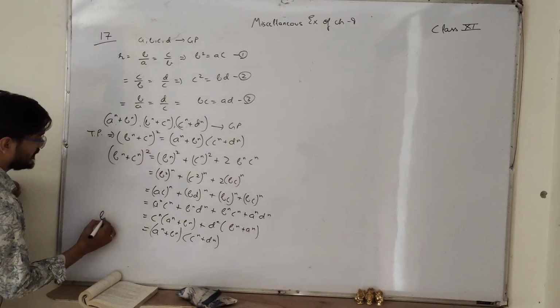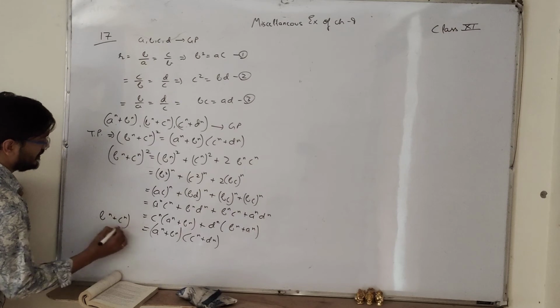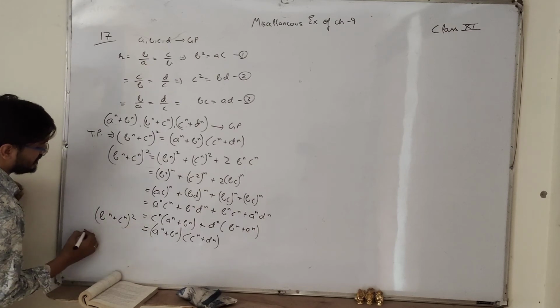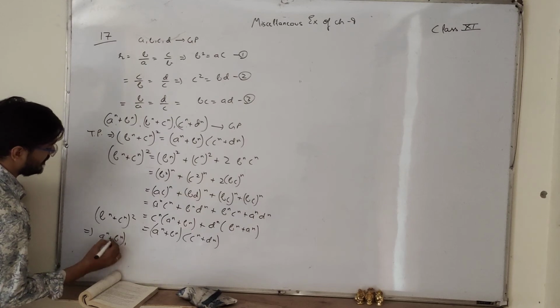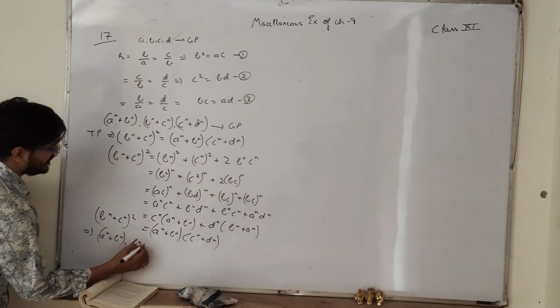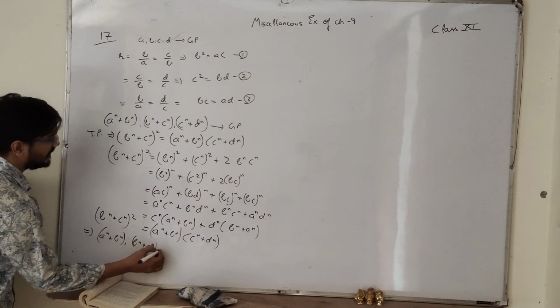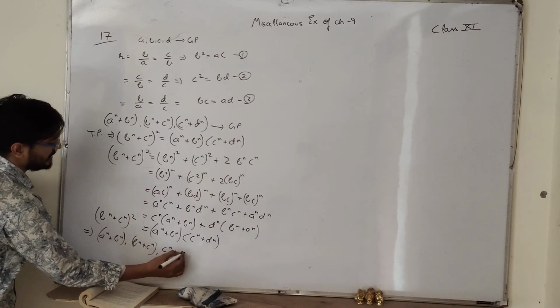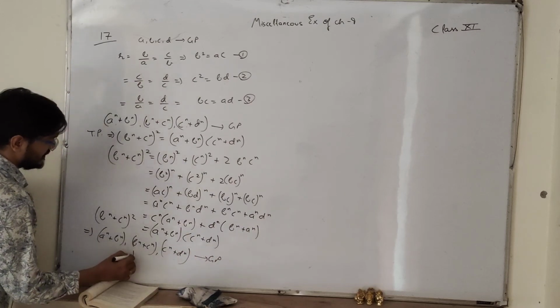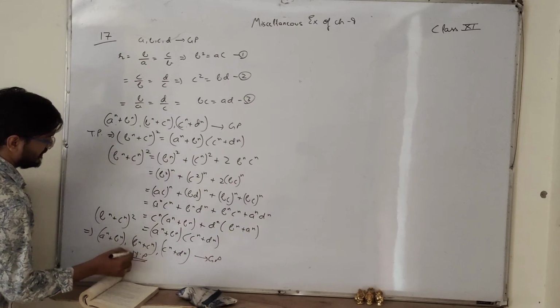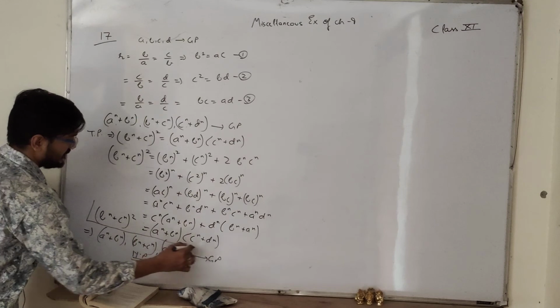So this we have got, so we can say b raised to the power n plus c raised to the power n whole square is equal to this. So this implies a^n plus b^n, comma, b raised to the power n plus c raised to the power n, comma, c raised to the power n plus d raised to the power n are in GP, hence proved, right, with this statement.